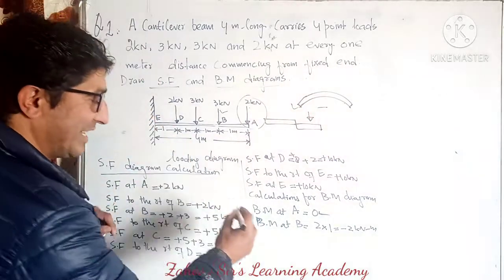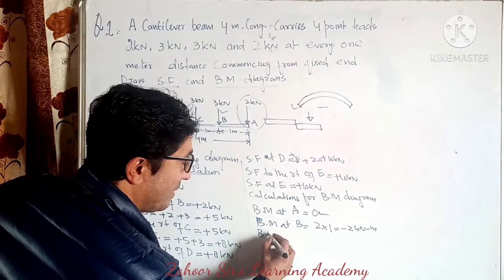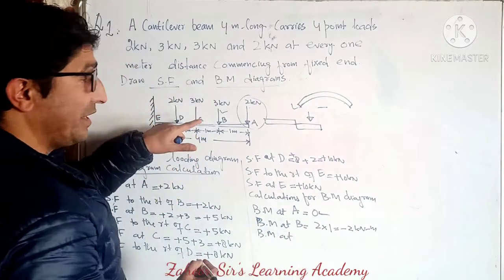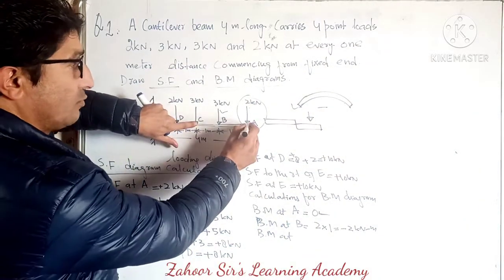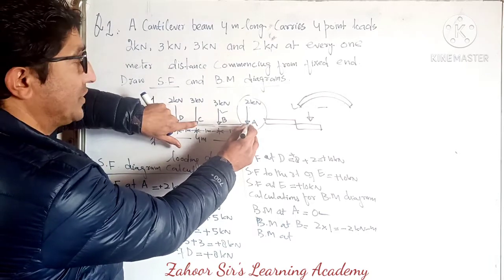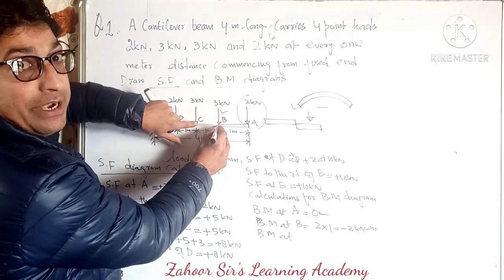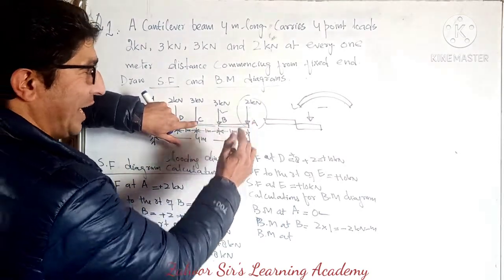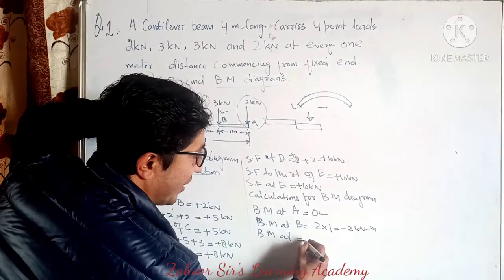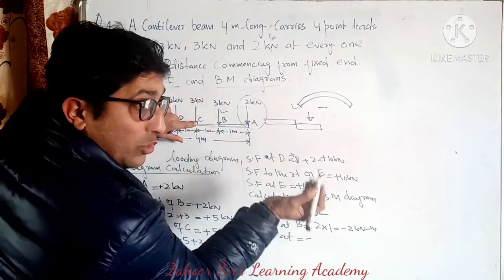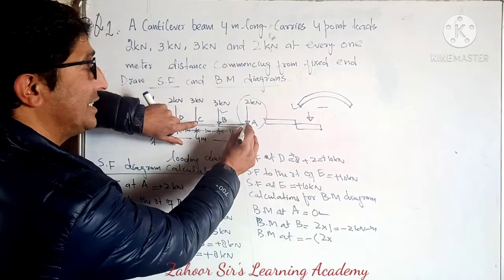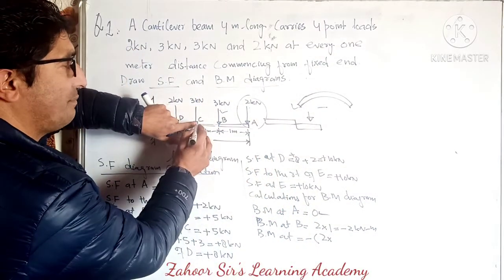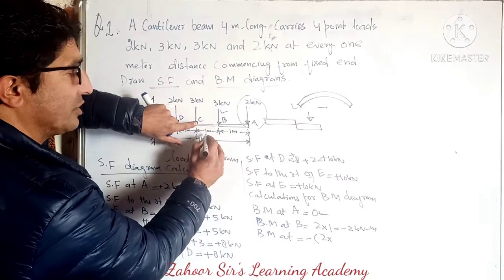Okay, now let's take BM at C. Now who is going to bend point C? This force is going to bend point C, and also this force is going to bend point C. So that means I will take 2 minus, you know the minus sign now, it's because of the hogging, 2 into distance up to point C. How much is the distance up to point C? 1 plus 1, that's 2.